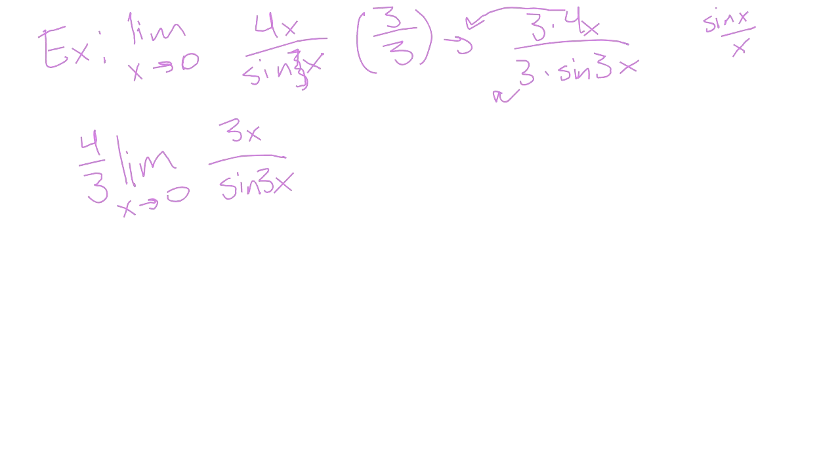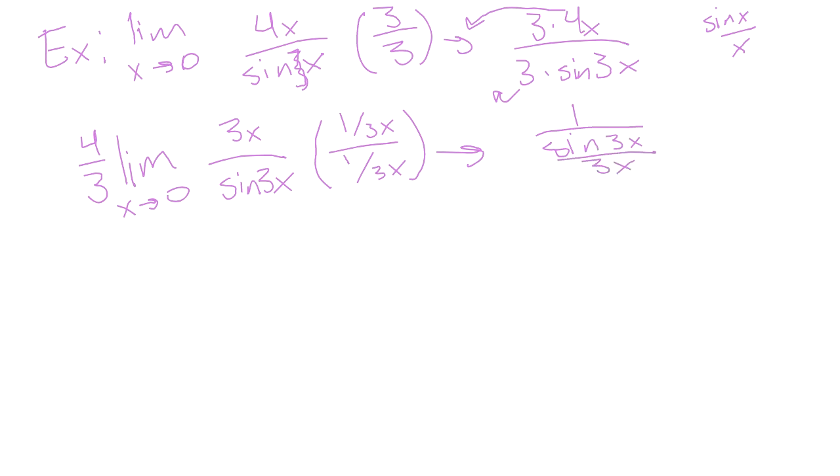So actually what we can still do is multiply 1 over 3x and 1 over 3x to both the numerator and denominator. When we do this, this transforms the function into 1 over sine of 3x over 3x.